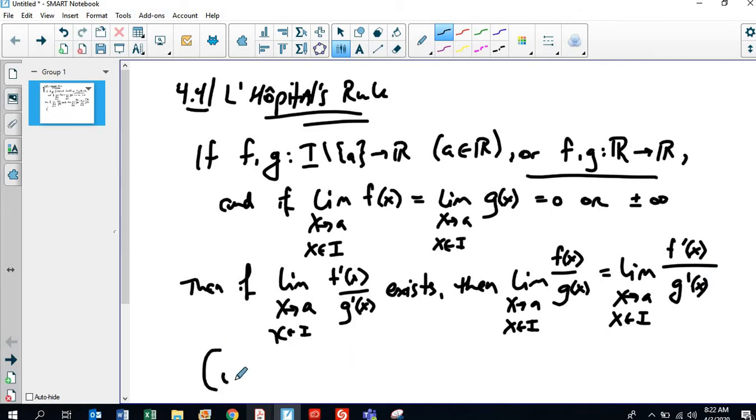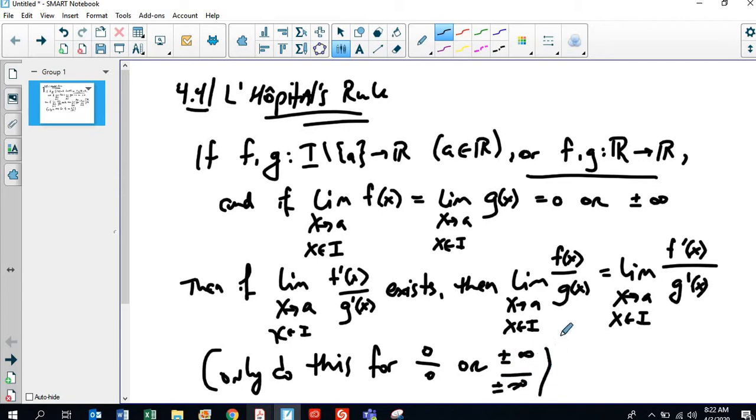And you can only do this for 0 over 0 or plus or minus infinity over plus or minus infinity. If you have a ratio and your limit is 1 over 7, you can't use L'Hopital's rule. It's not true. Okay, so let's jump into the proof.